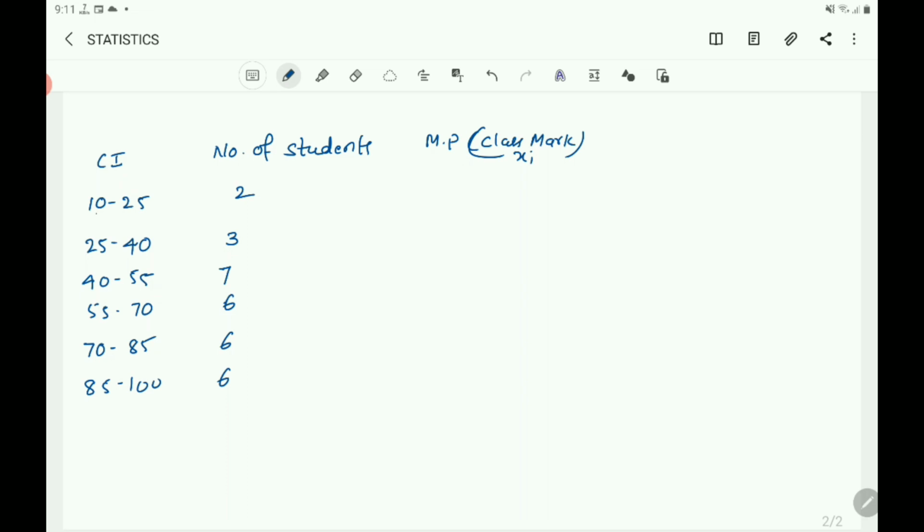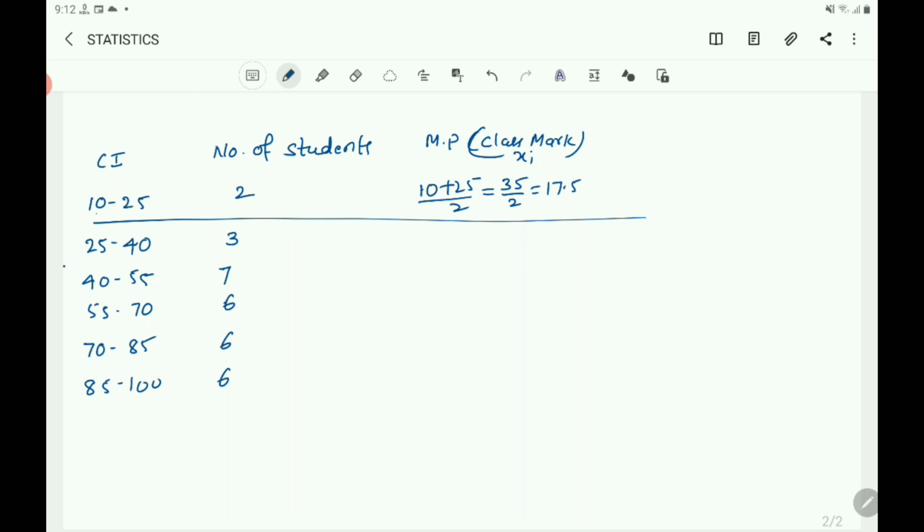In general, for the ith class interval, we have the frequency fi corresponding to the class mark xi. We can now proceed to compute the mean in the same manner. So here, 10 plus 25 by 2, that is 35 by 2, you will get 17.5.